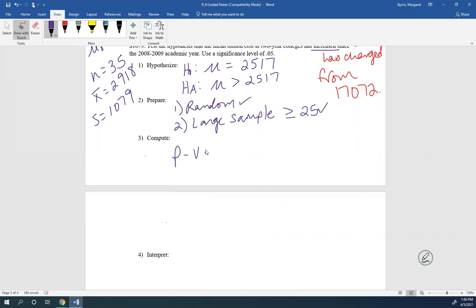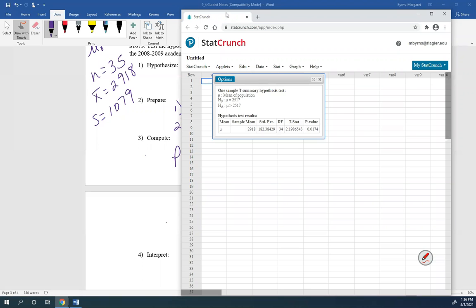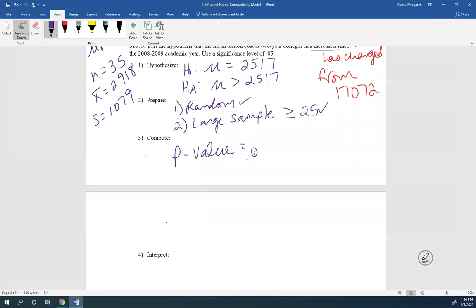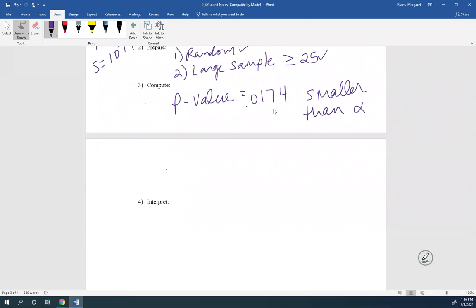So we're going to write some things down. Our p-value was 0.0174, which is definitely small. Smaller than our alpha of 5% up there. So how are we going to interpret this? We're going to say, once again, we're going to reject the null hypothesis.